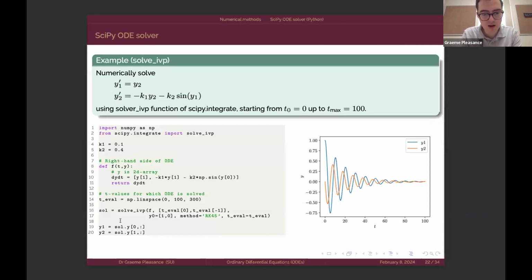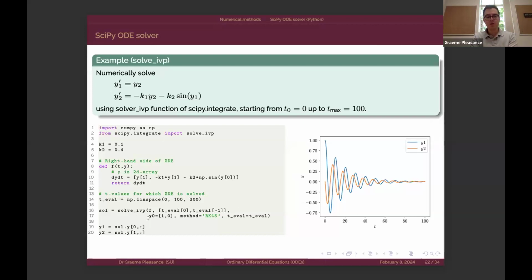This object has a y attribute, except that previously, in the problem where we only had one ODE, sol.y output our y values as a 1D array containing the same number of y values that we specified in our t eval. So we basically obtain every y value corresponding to every t value.